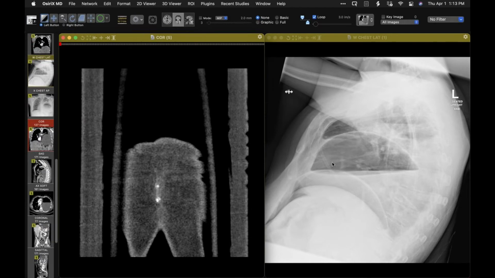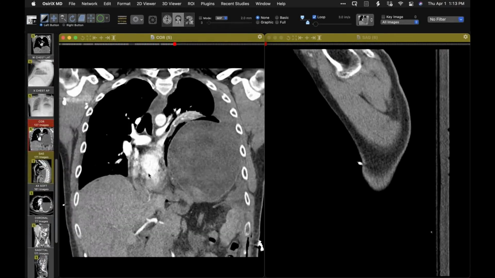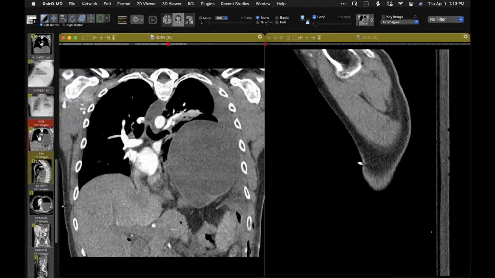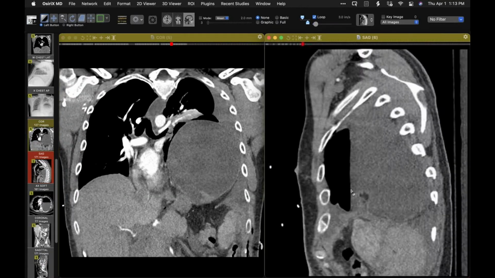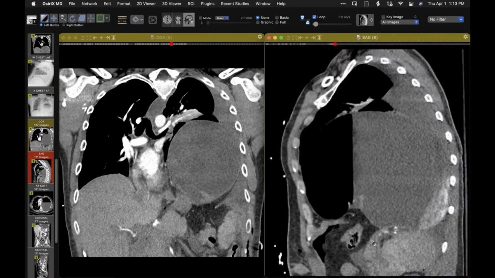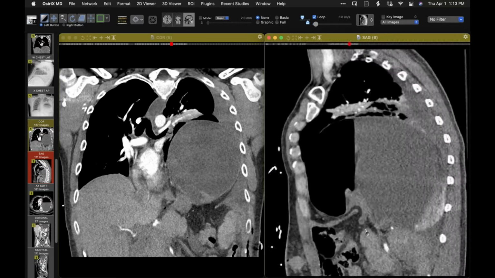So here we have the coronal and sag, and you can see where and how large the diaphragm defect is right down here. And going to that same area, you can see where the stomach has come up through a large diaphragm defect.